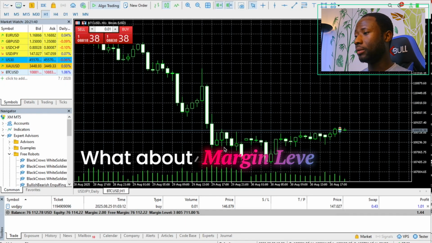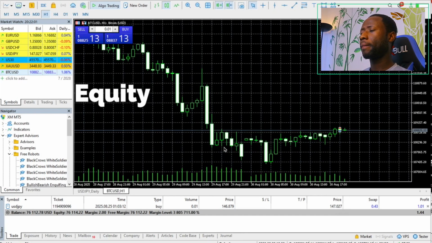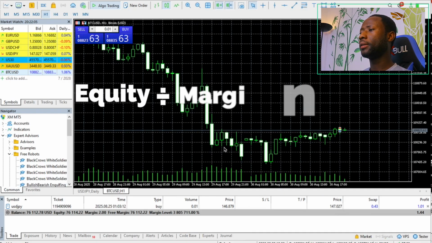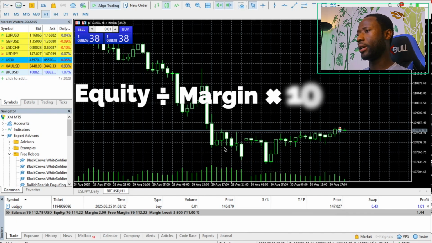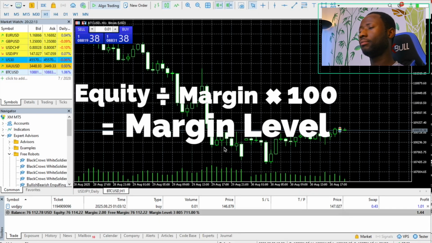What about margin level? Margin level is an interesting one. Margin level is in percentage, and it is nothing but equity divided by margin times 100. This is equal to margin level.